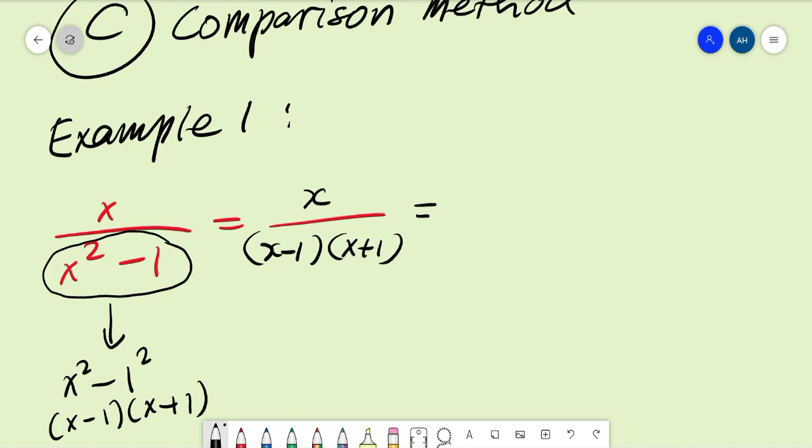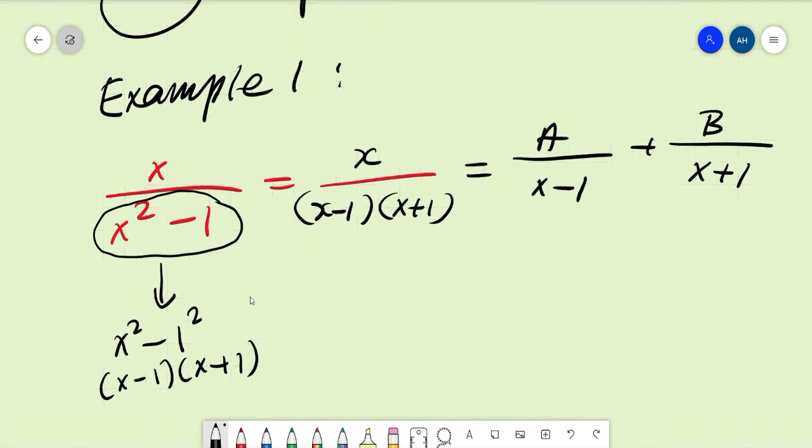Then and only then we write down a over x minus 1 plus another number we call b over x plus 1. So what we need to do first, as I did here, is factorize the denominator: x squared minus 1 is x minus 1 multiplied by x plus 1.